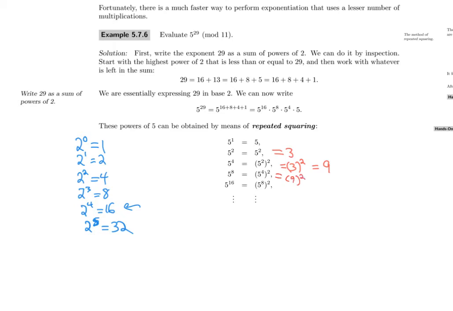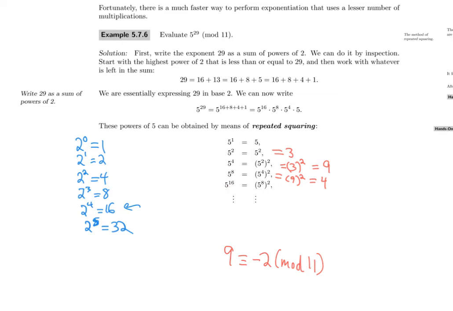which I could write as 81 and then subtract a convenient multiple of 11. But notice that 9 in the mod 11 world is the same as negative 2. So what do I get when I square negative 2? I get 4. And 4 is between 0 and 10, so it's in that range that we want, that nice convenient range, small positive numbers. 5 to the 16th is the last power we need.